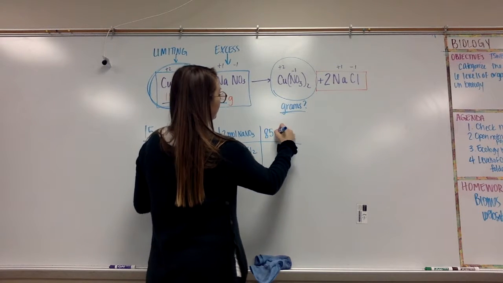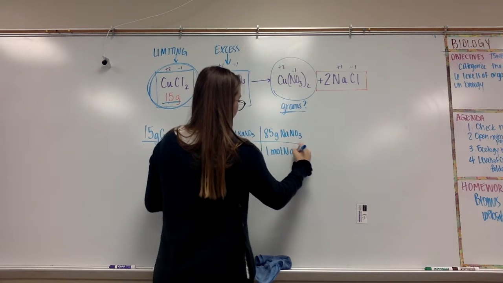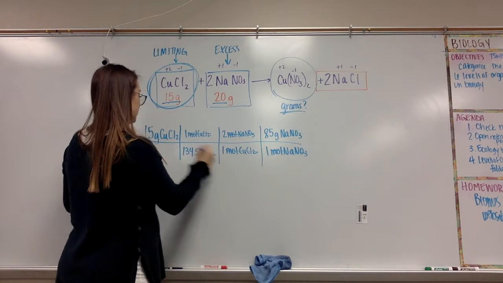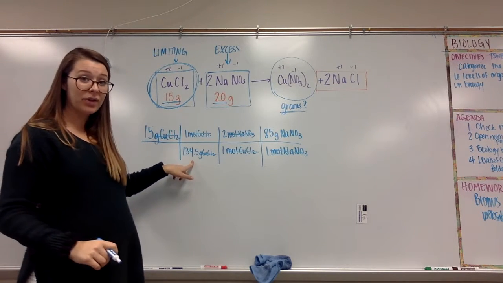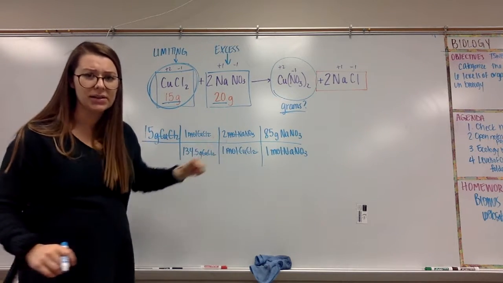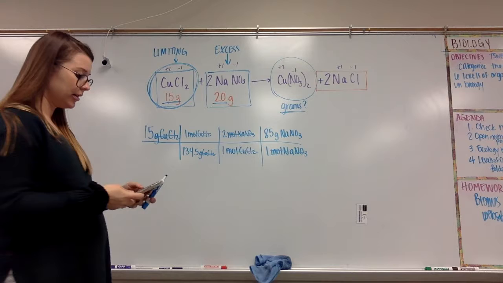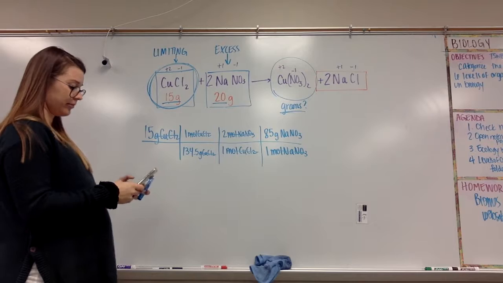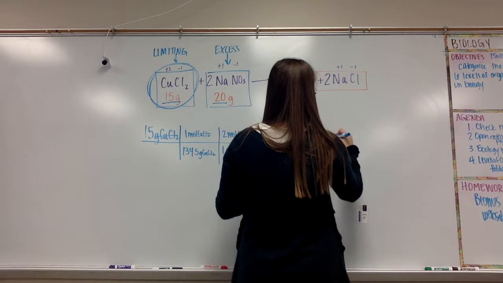So I have 85 grams and 1 mole. So that these units cancel, these units cancel, and these units cancel. So I have 15 grams, 1 mole over 134.5 grams, 2 moles over 1, 85 grams over 1. Those are my numbers in case you can't see them. I think that they're okay, but just in case. So my final answer here for excess is 18.9 grams.